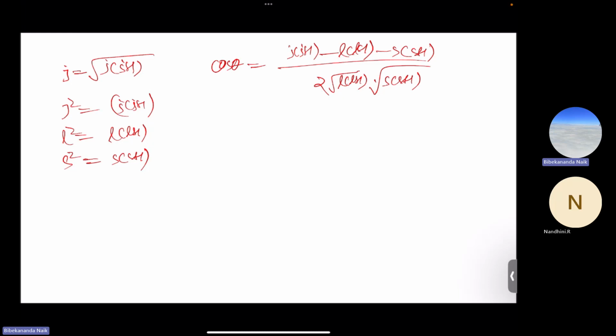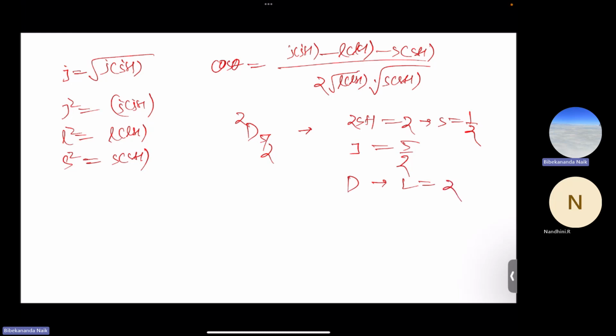So now the question says the state is 2D 5 by 2. So for 2D 5 by 2, if you see 2S plus 1 equals 2, which gives S equals half, J equals 5 by 2, and D means L equals 2.